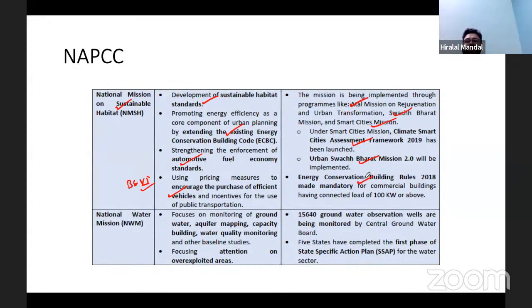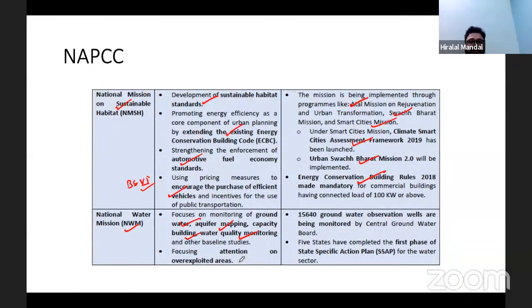Energy Conservation Building Rules 2018 have been made mandatory for commercial buildings. National Water Mission aims at monitoring of groundwater, aquifer mapping, capacity building, and water quality monitoring in the country.